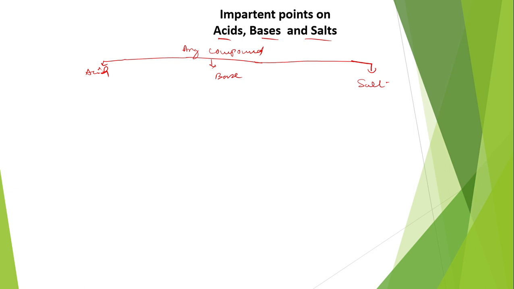Now how will we test these acids, bases and salts? What are the chemical reactions involved between these? That we will see. Acid plus base, you will get a salt plus water.